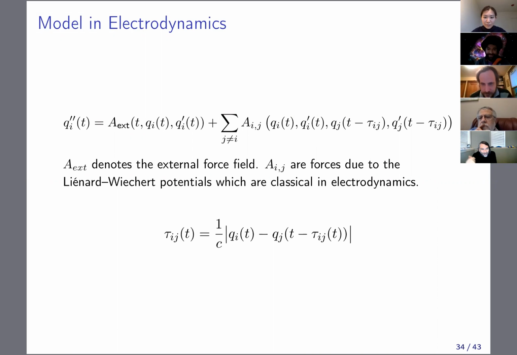I don't know what you call these things, oracle differential equations or something like that. Yeah, I think it appeared in some formulation of Feynman-Wheeler, because they want to require some kind of symmetry. So if you have negative delay, then you should have positive delay as well. Okay, thanks.